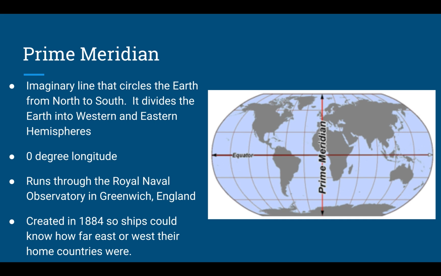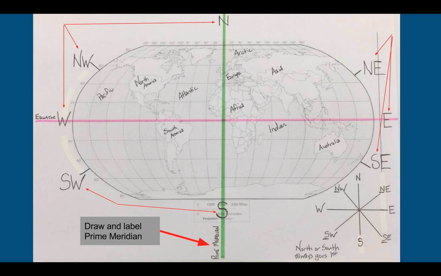You can't physically go to the equator or prime meridian and see it with your own eyes. It's imaginary, okay? But it's there. So what I need you to do now is take a different color highlighter, highlight the prime meridian, and also label the prime meridian just like I did on my map.